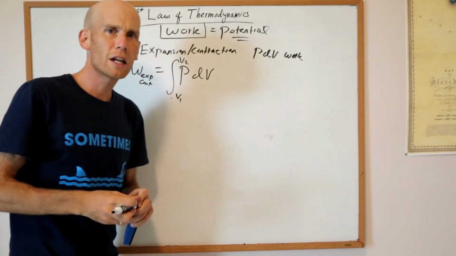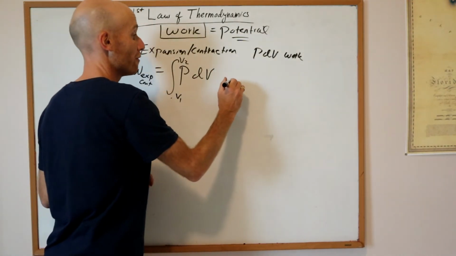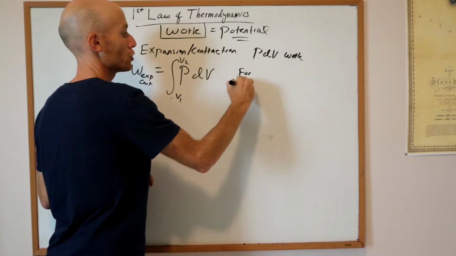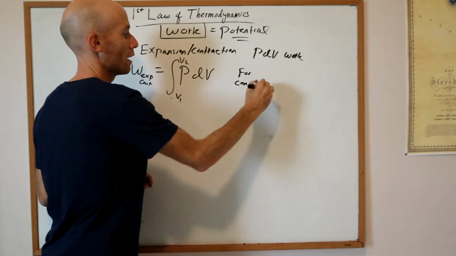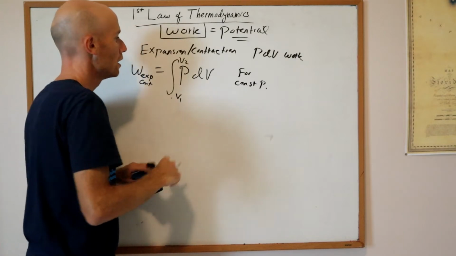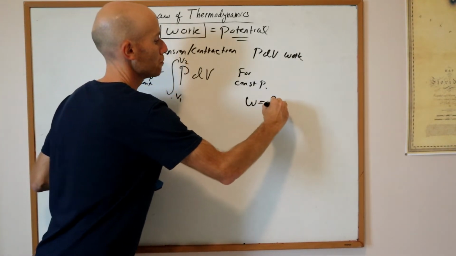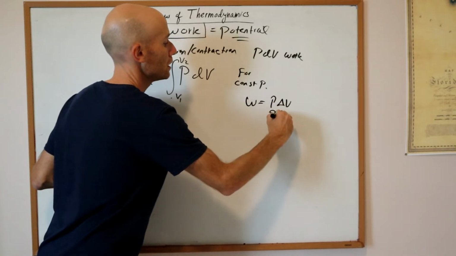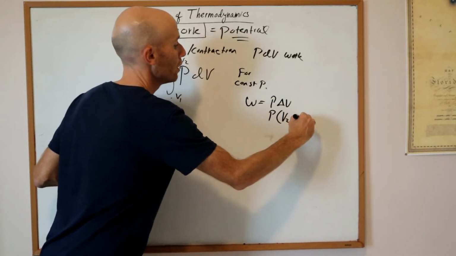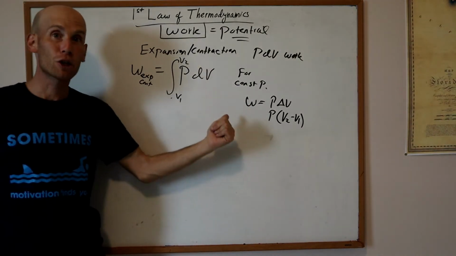We will discuss a lot of other ways to do this, but one way is if I say constant pressure, and that's a very specific scenario, when pressure is constant, usually it isn't, then I can pull P out of the integral and I get that work is equal to P delta V, meaning P times (V2 minus V1), V is volume, P is pressure. I can do that, but only when pressure is constant.